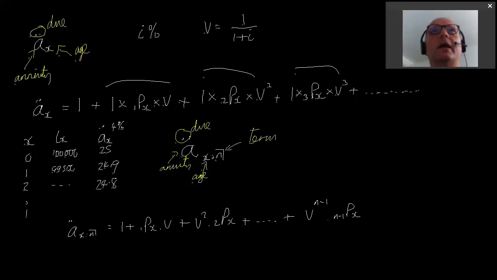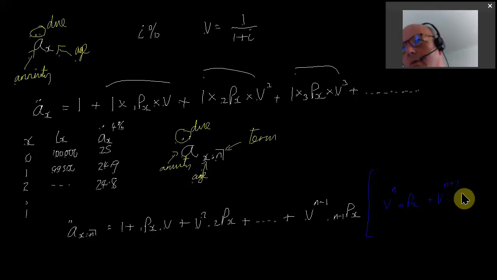So we're taking off v to the n npx plus v to the n plus 1 n plus 1 px. This annuity here is a whole of life annuity minus this annuity here.